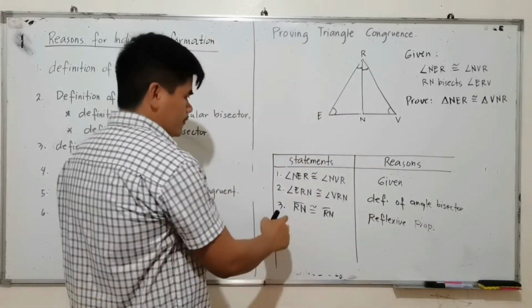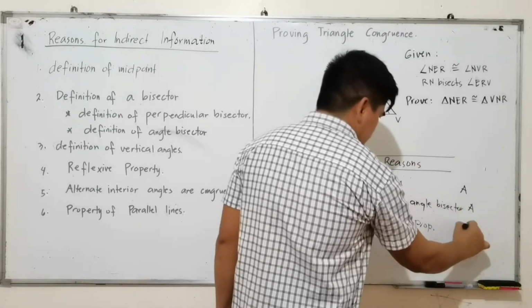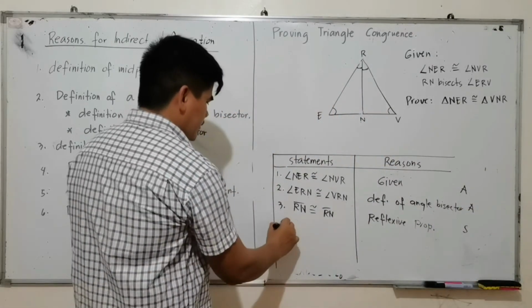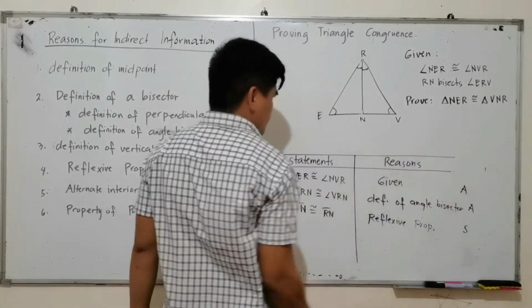Okay. Now, since we have angle, angle, side, then number 4, we can now write this proof statement.